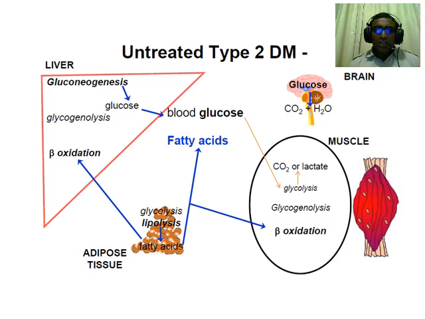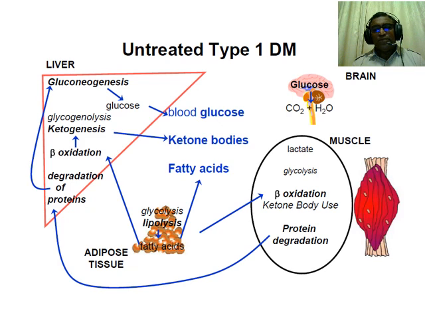But this is not the case for type 1, where there is no glucose capable of entering the muscle because there is no insulin in the first place.